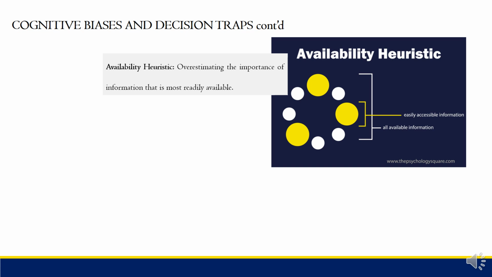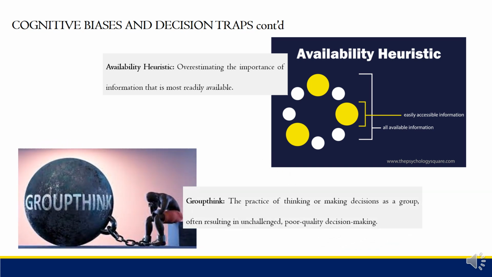Availability heuristic, overestimating the importance of information that is most readily available. Groupthink, the practice of thinking or making decisions as a group, often resulting in unchallenged, poor quality decision making.